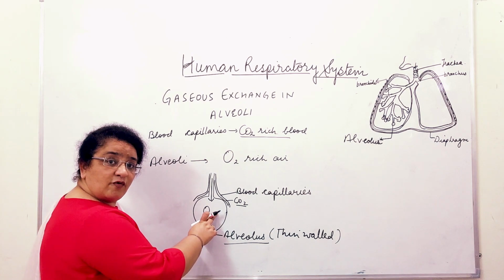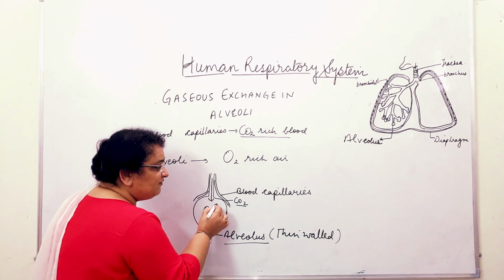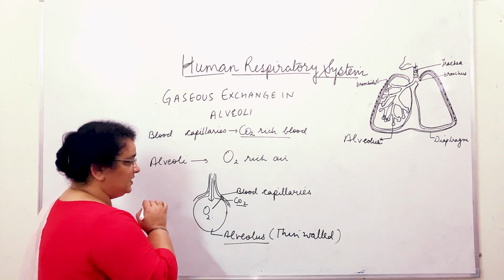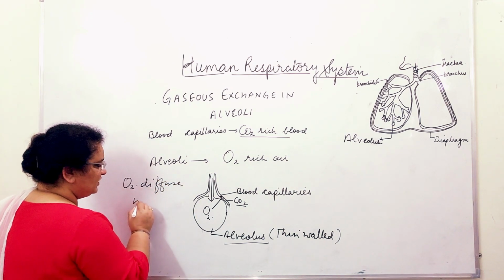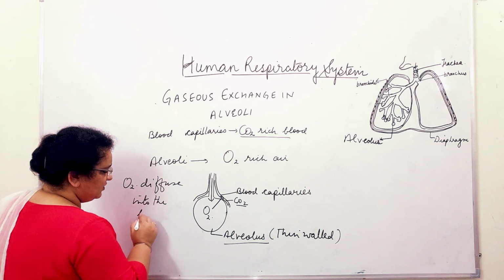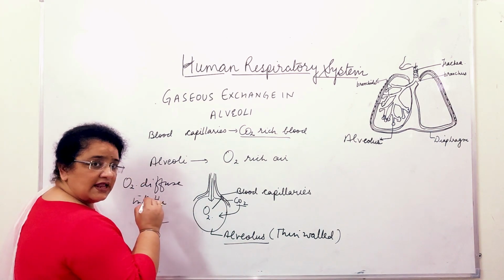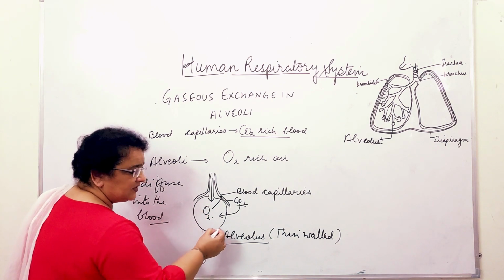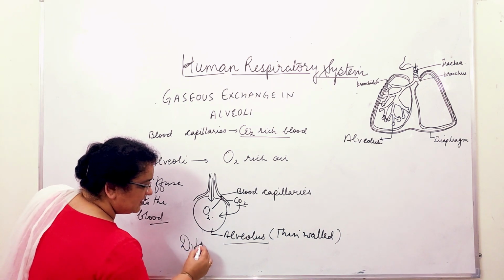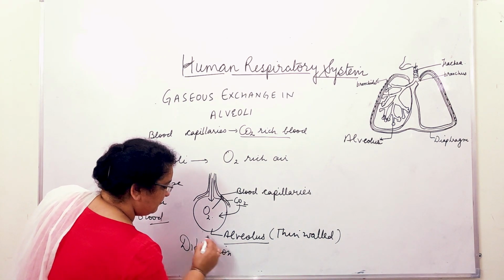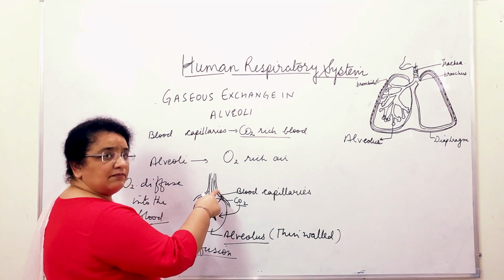The concentration of oxygen is more inside the alveoli, so it will diffuse into the blood, and carbon dioxide will diffuse into the alveoli through this thin wall. So the main process here is diffusion.